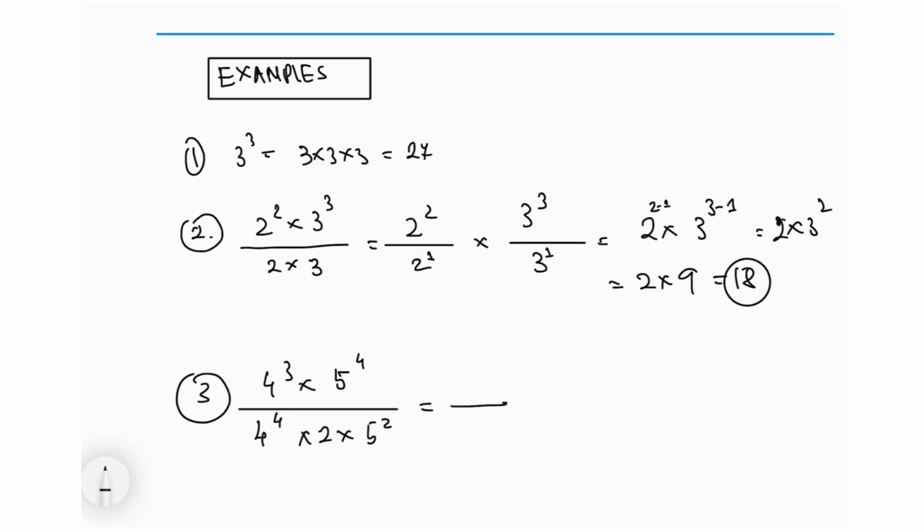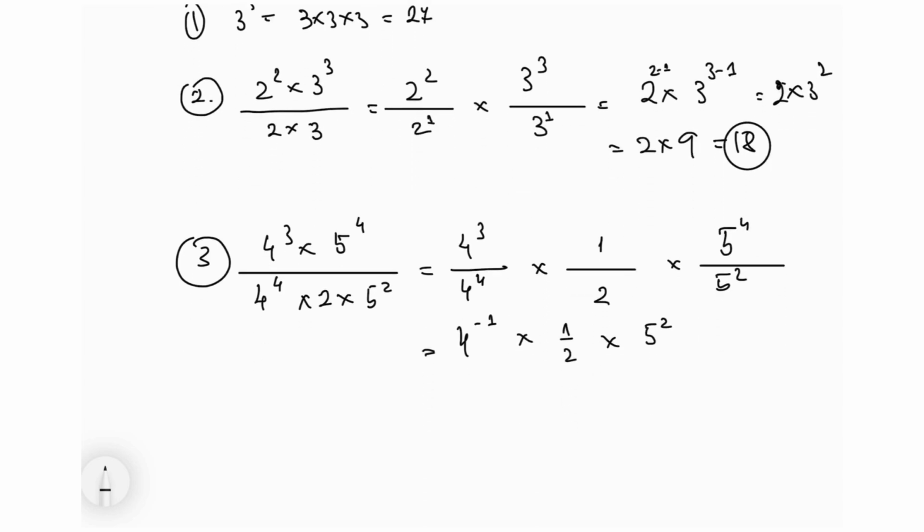So we can use fractions: 4 to the power 3 over 4 to the power 4, here we can write 1 half, here 5 to the power 4 over 5 squared. This is 4 to the power minus 1 times 1 half times 5 squared over 1, and that is 1 over 4 times 1 over 2 times 25, which is 25 over 8.